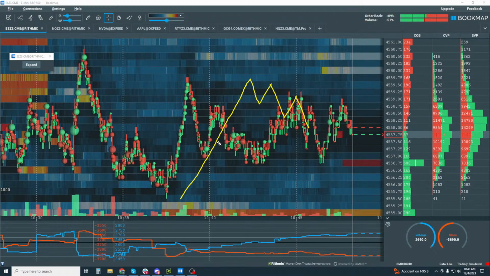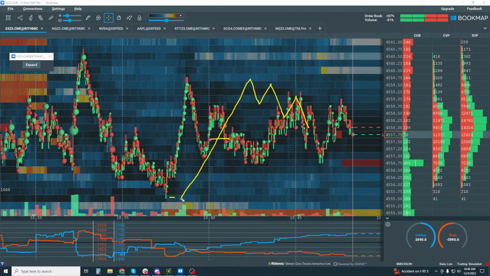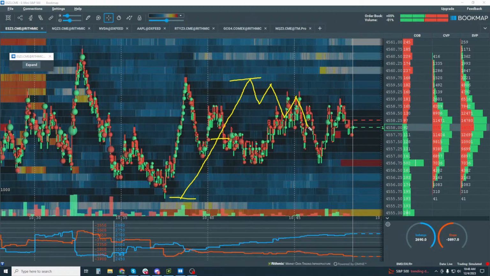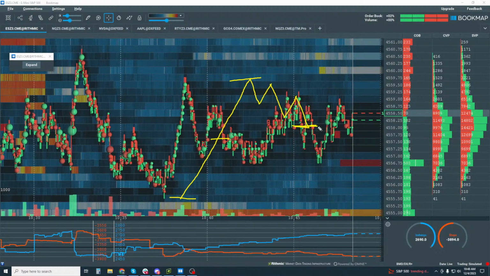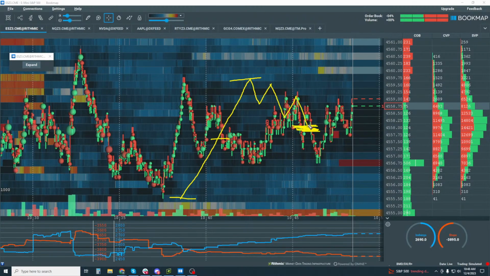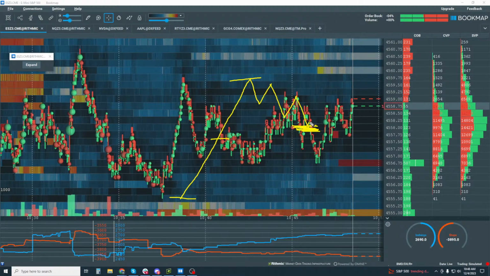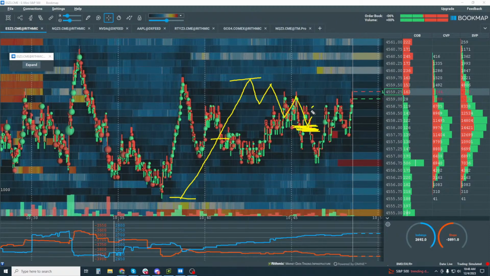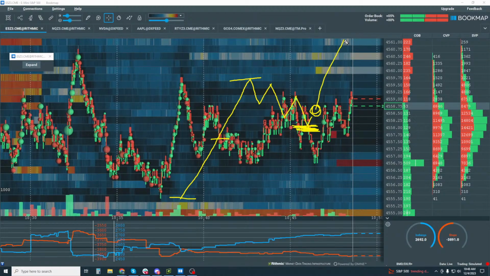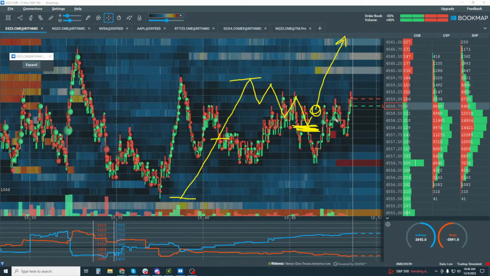You're looking for a shallow one, less than 50%, so it's not even going 50%. Then you're looking for the order flow in here. You're looking for the bid to be pretty strong, bidding up, or exhaustion by the sell side. Then you're looking for the buyers to start to curl in here and lift that, and then we can look for the strong move to the upside.